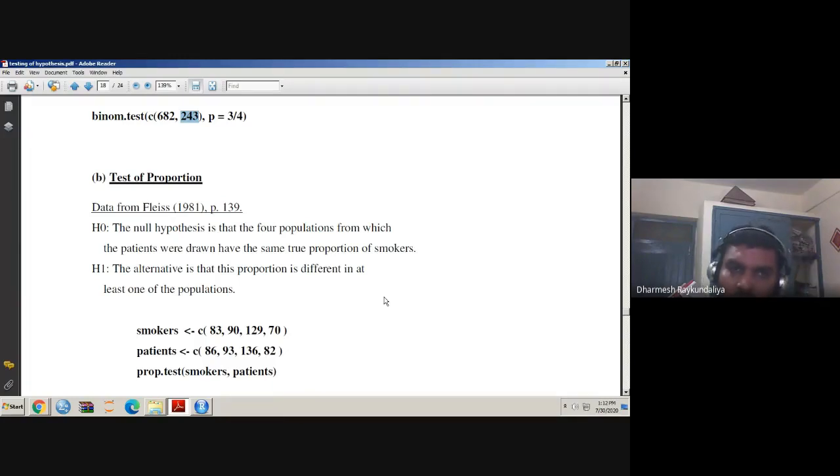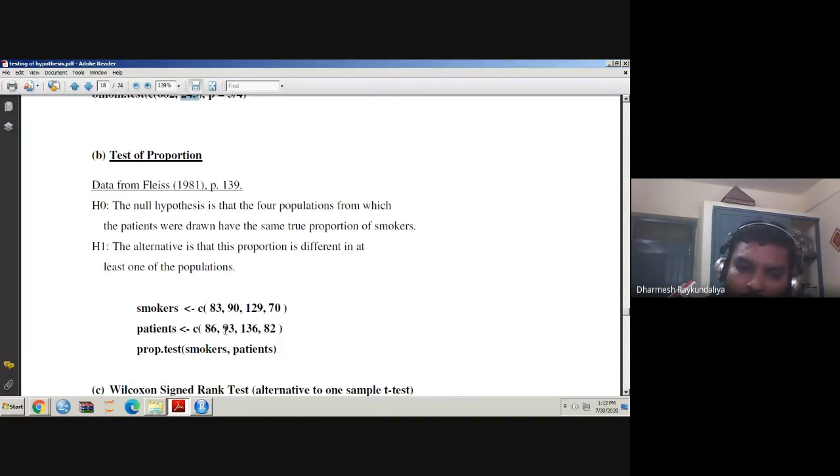The alternative is that they may not be the same. When we say they are not all equal, we mean at least one pair significantly differs. If one of them is different from the others, then you can say they are not equally likely. So the alternative is that the proportion is different in at least one of the populations.